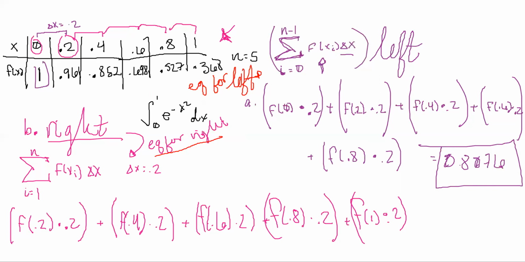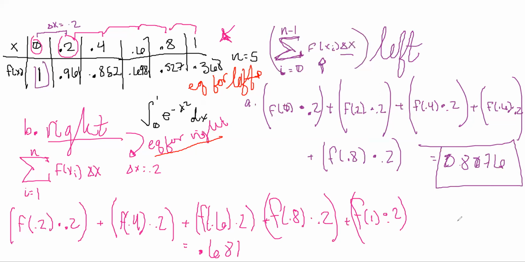So this should be 0.681. Okay. So that is how you do problem number 5.